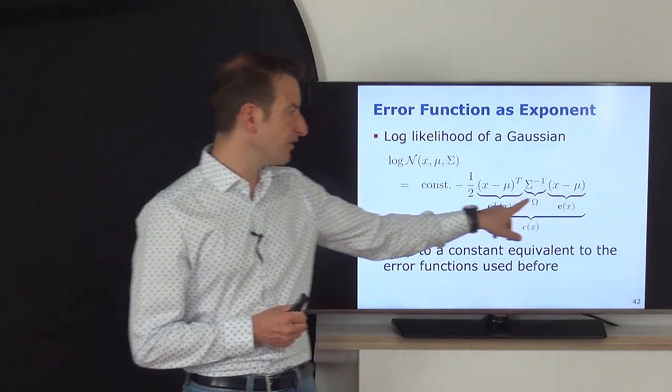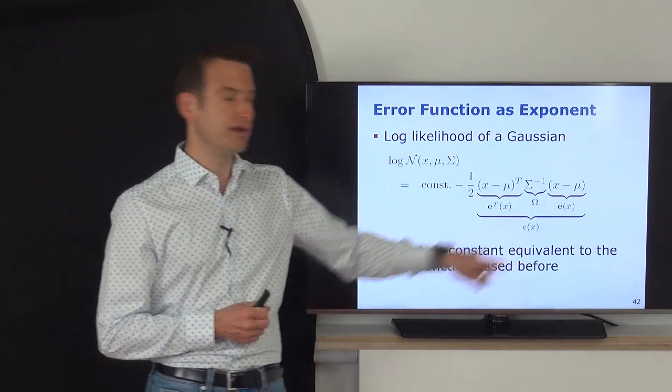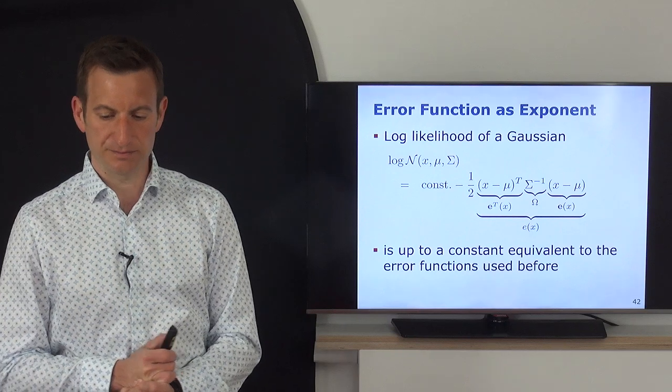And so this, again a squared term, has exactly the same shape as the squared error that I had before.